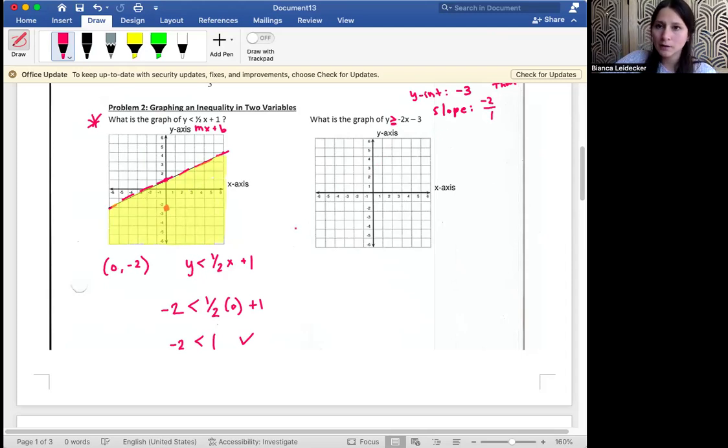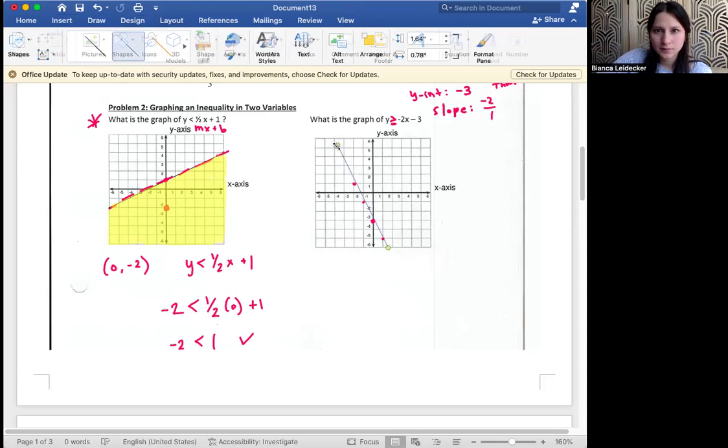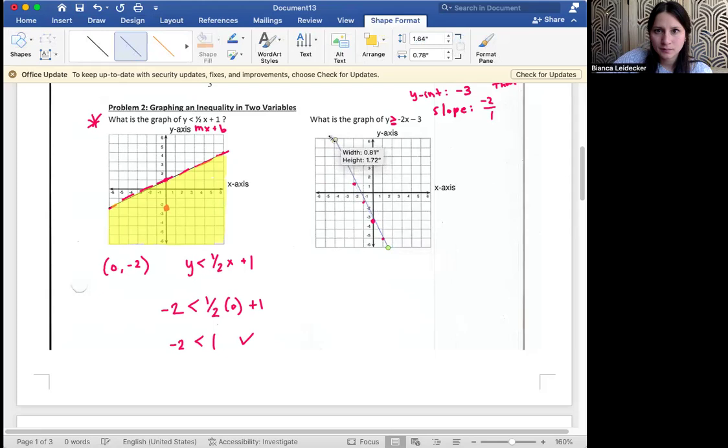So my line that I'm going to graph will be a straight, solid line. Intercept at -3, down 2/1. So I'm going to go the opposite direction, up 2 to the left 1. And I'm going to draw my line. That's going to look like this. Going through my points.